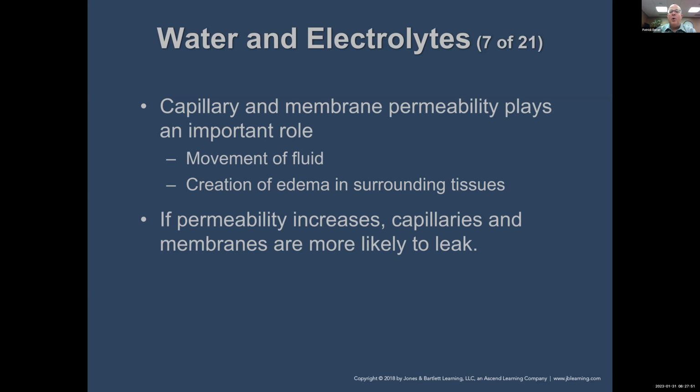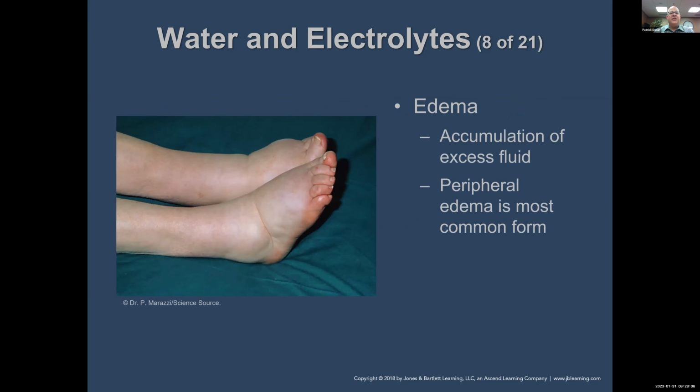And if the permeability of the capillaries increases, the membranes begin to leak. And when you leak, you're letting out more ounces of water into the tissue than you're reabsorbing on the venous side. So then we can get the edema, right? And that's just the accumulation of the fluid.